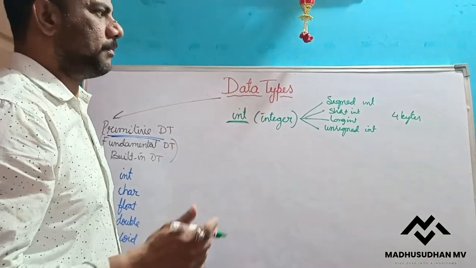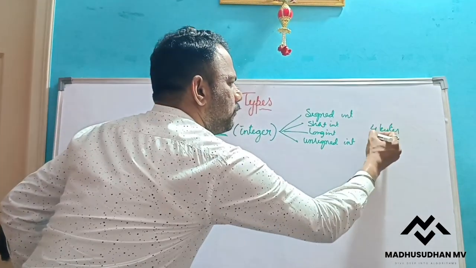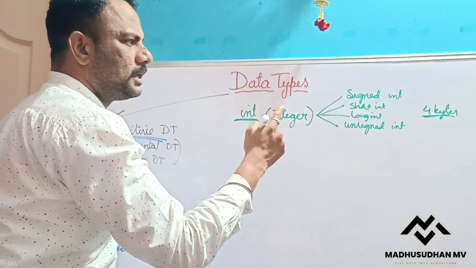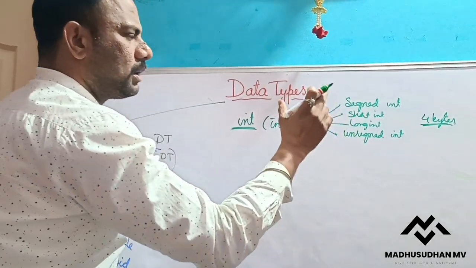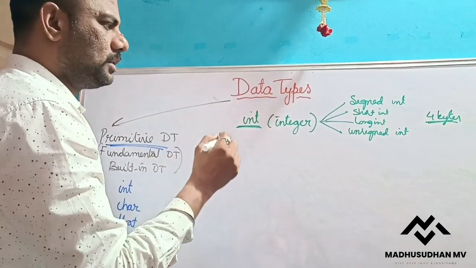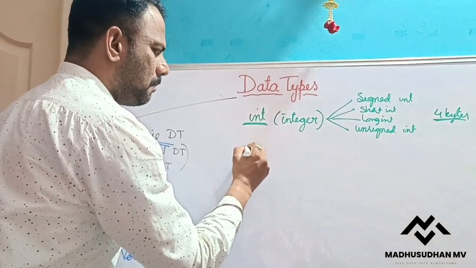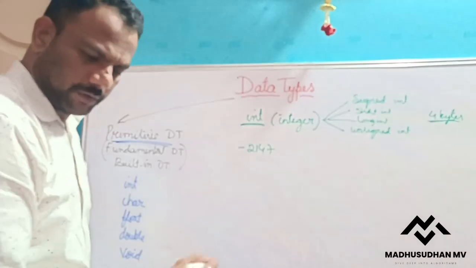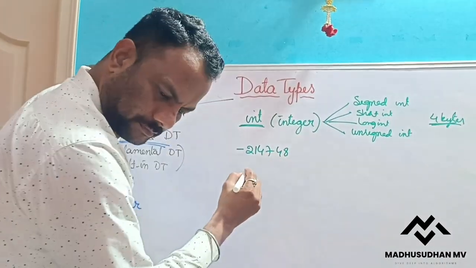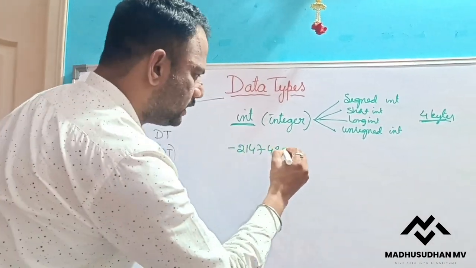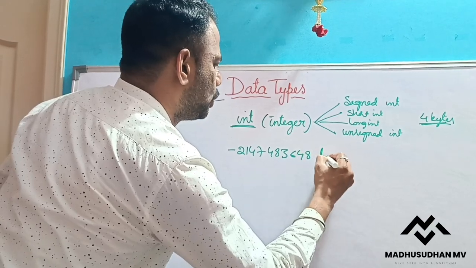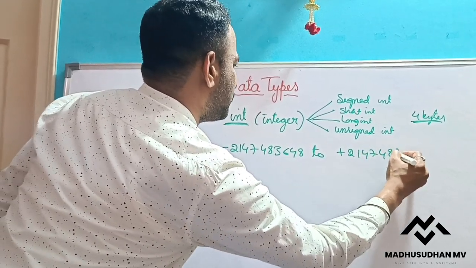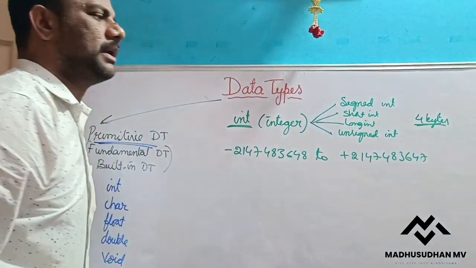Generally it takes 4 bytes. If you are using only signed int, then the range is between -2147483648 to +2147483647. This is the range of the integer.